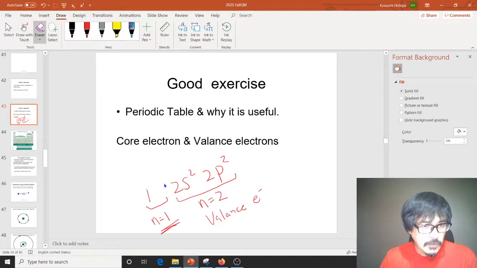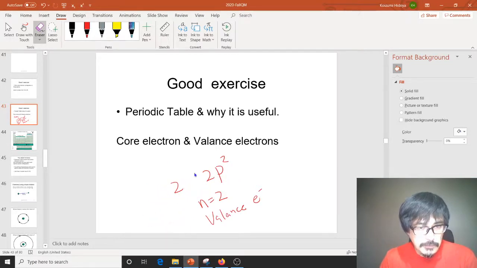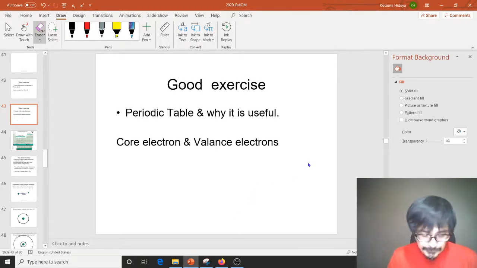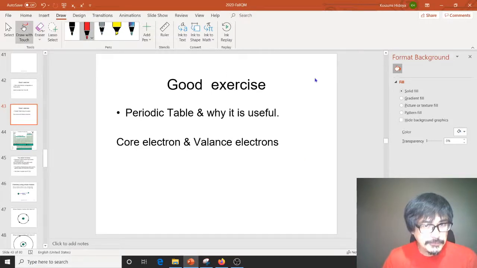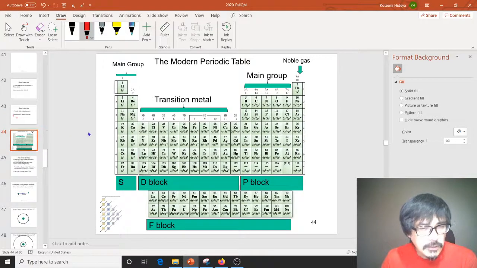Let me just do one more example. Let's do the P atom, phosphorus, I think. How many electrons are there? It's 15 electrons.